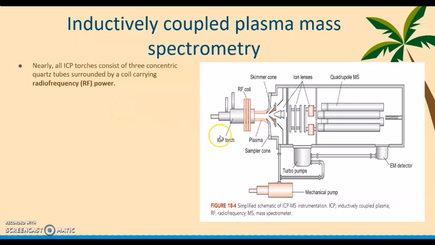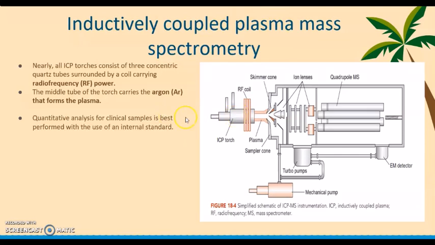Ayan. So, nasan ba yung torch natin dito? Ito yung torch. Ito po yung torch natin. ICP torch. The middle tube of the torch will carry the argon. Di ba? Ito yung plasma. Yung sinasabi ng ICP o yung plasma na pinapertain ng ating pong instrument is the argon. This will form the plasma.